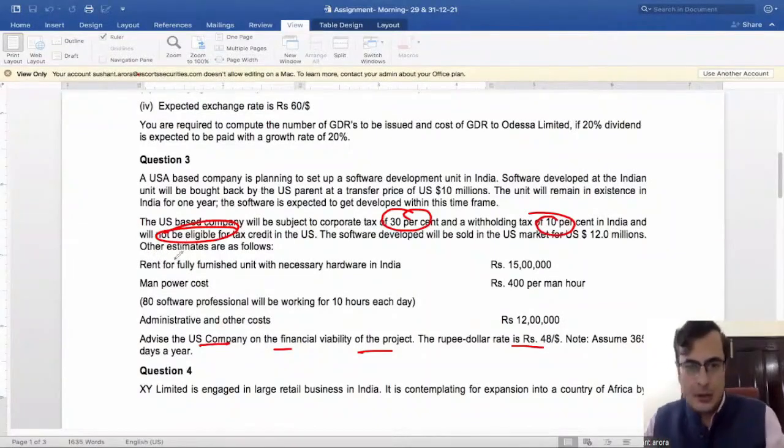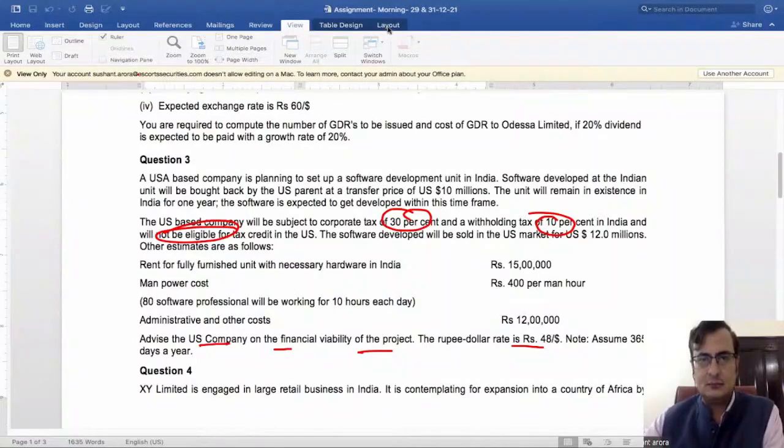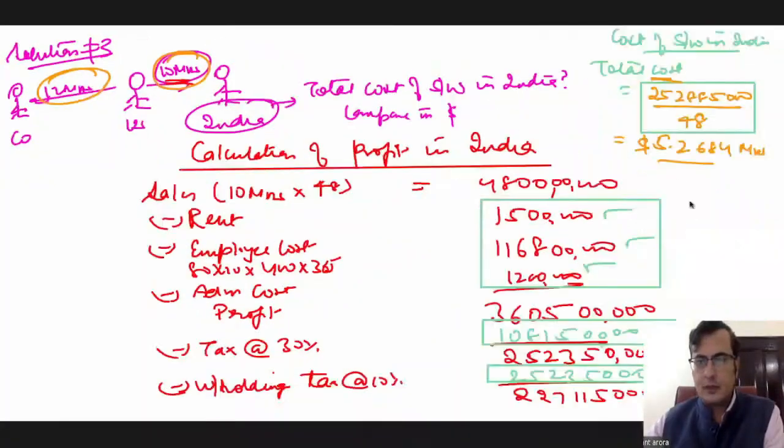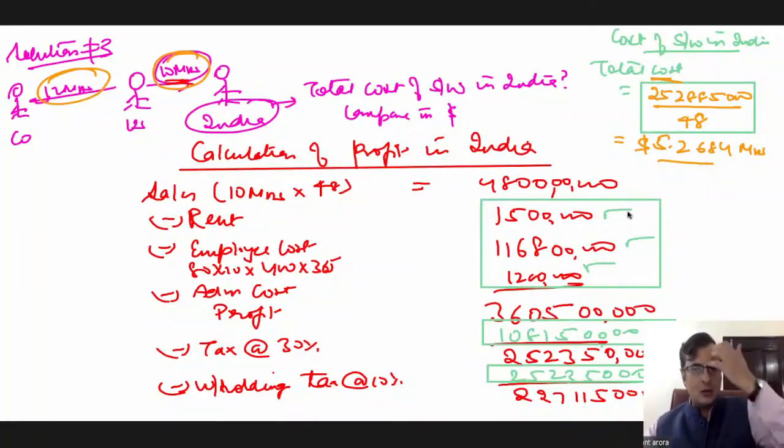Clear? So can we say what is the profit in the US? Can we calculate that? Yes, sir. I hope you have written all these figures. You'll be requiring all these figures, right? So can you calculate that?